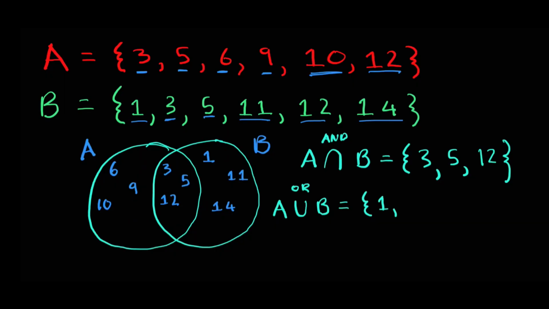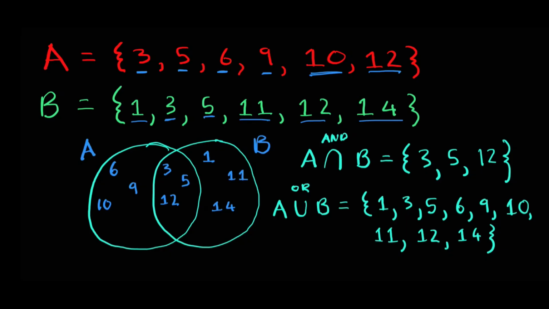So the union between A and B is going to be 1, 3, 5, 6, 9, 10, 11, 12, and 14. So just a set of every single number which appears in either A or B.